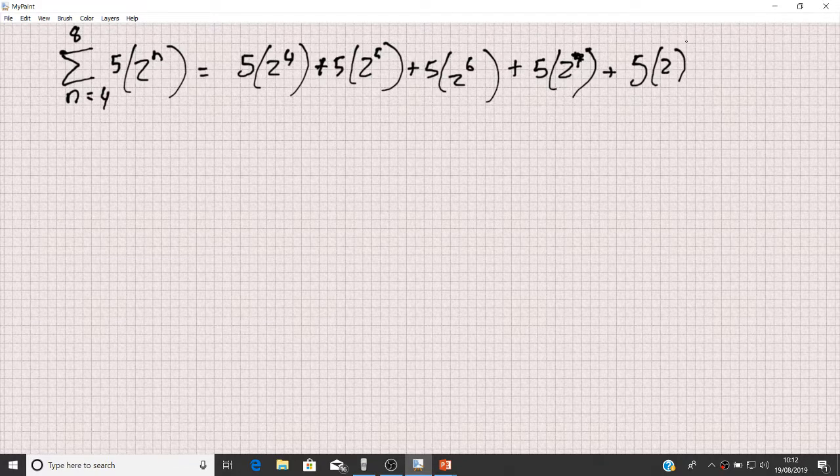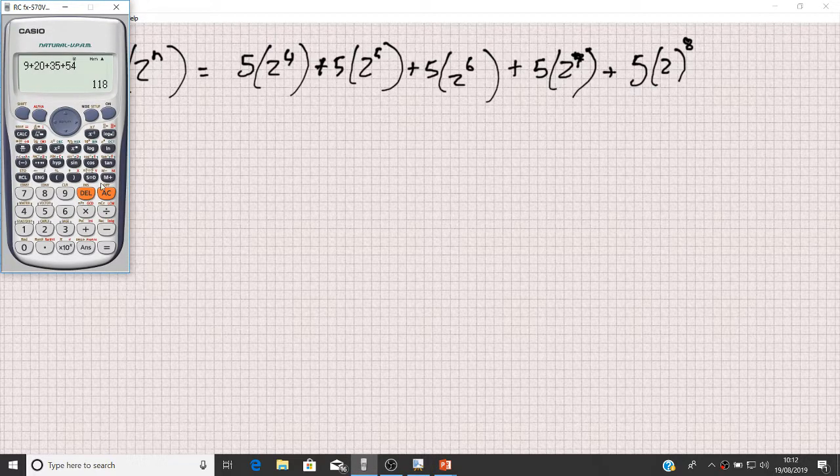Now what I can do is maybe just open the calculator and do it all in one go. So I'm going to take the 5 outside. I'll factor the 5 out.